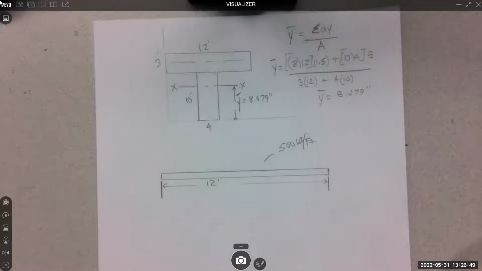It should be slid up because of the mass up above. So that's good. So now we need the inertia.